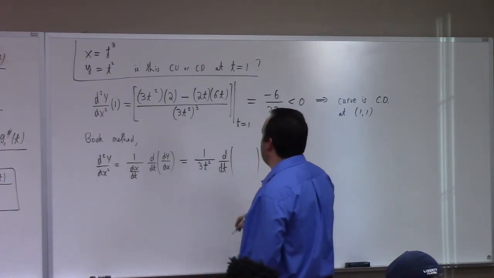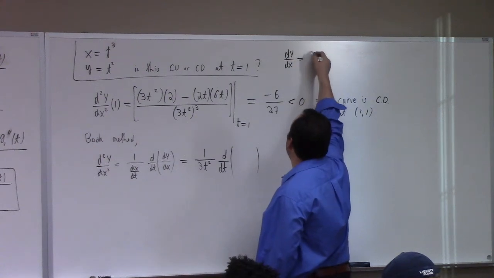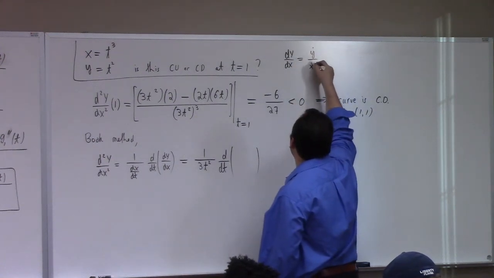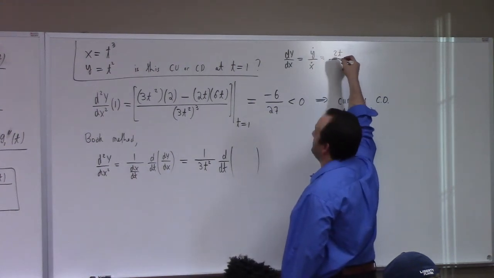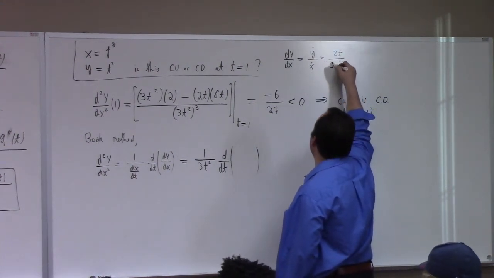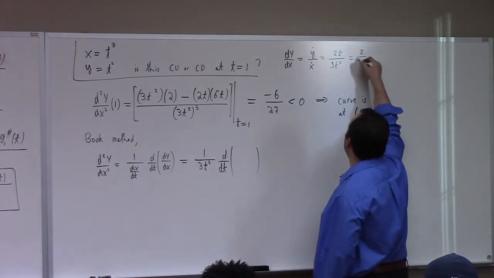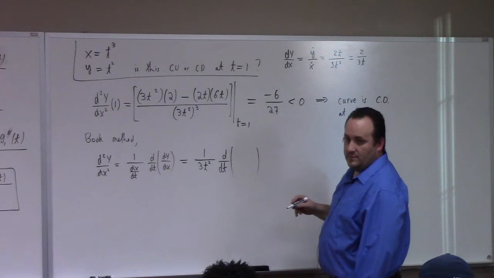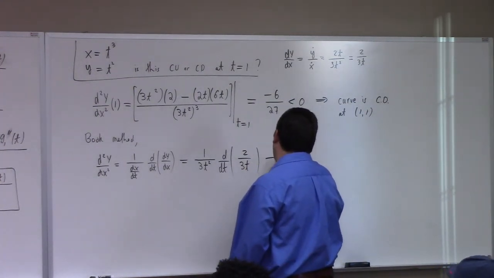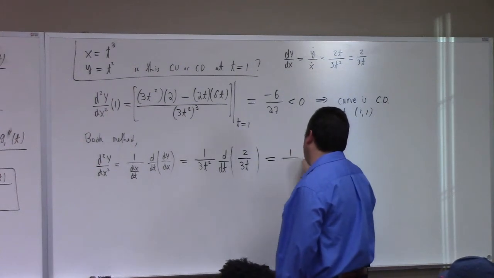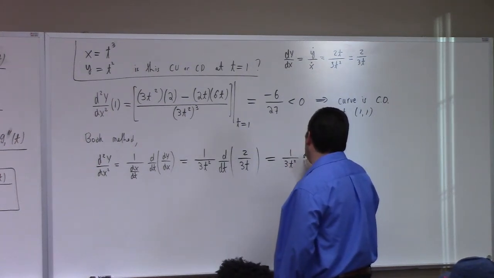You could figure that out as a separate calculation. dy/dx is y dot over x dot, which is 2t over 3t squared, which is 2 over 3t. So that's kind of nice. So the formula that you're talking about, Josh, is a roadmap towards doing what I'm doing right now.